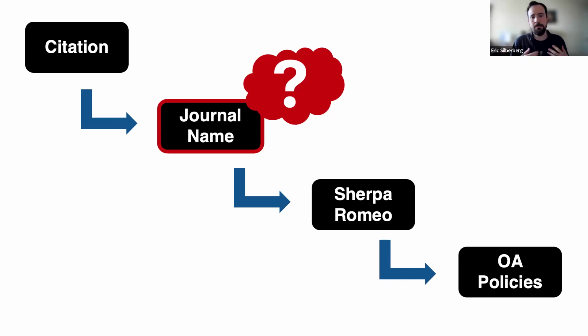But the stumbling block in this automation process was how to efficiently take out the journal names from the citation. I was not interested in sitting there and reading through hundreds of citations and manually pulling out the journal name. This whole thing was supposed to be a fast process for both me and the faculty.